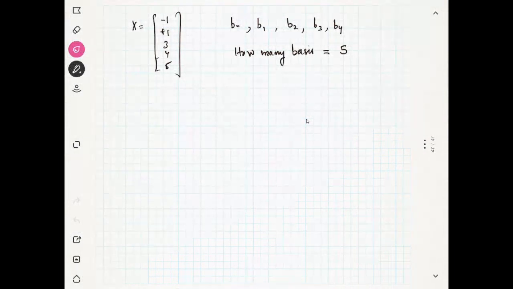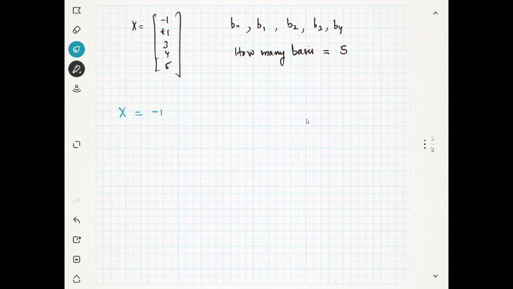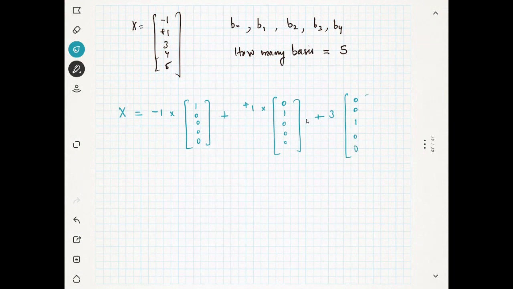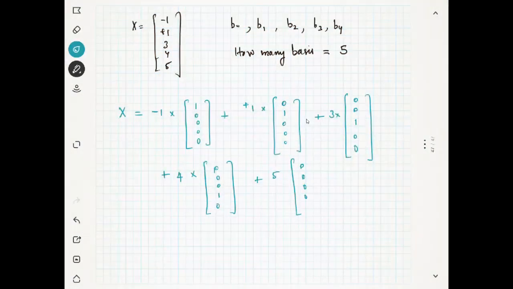Now I can write my original signal X as -1 multiplied with 1 0 0 0 0, plus 1 multiplied with 0 1 0 0 0 (sorry, 5 zeros are there in total), plus 3 multiplied with 0 0 1 0 0, plus 4 multiplied with 0 0 0 1 0, plus 5 multiplied with 0 0 0 0 1.